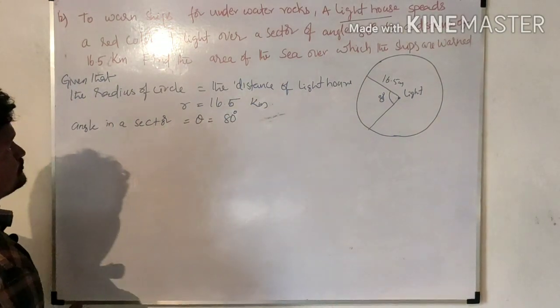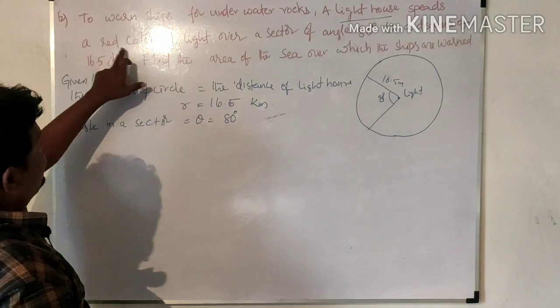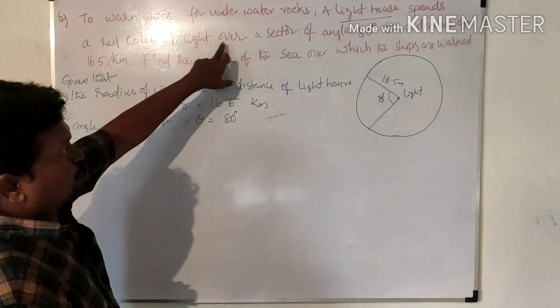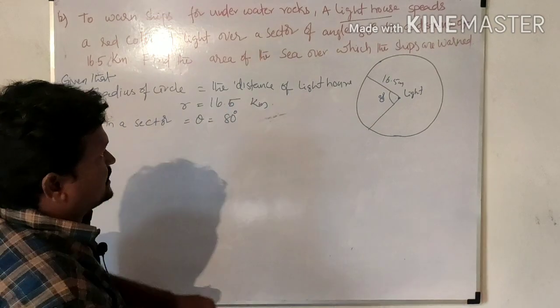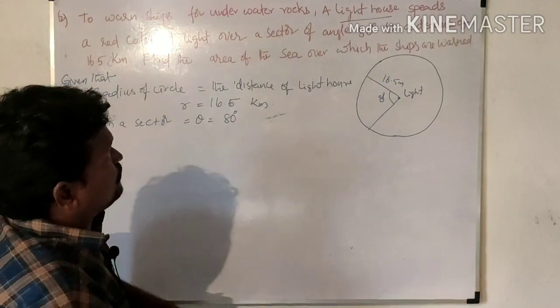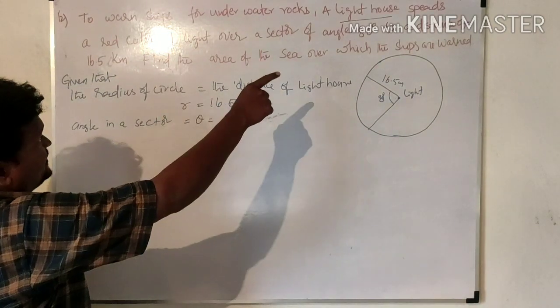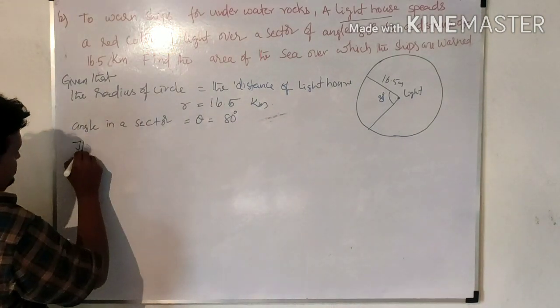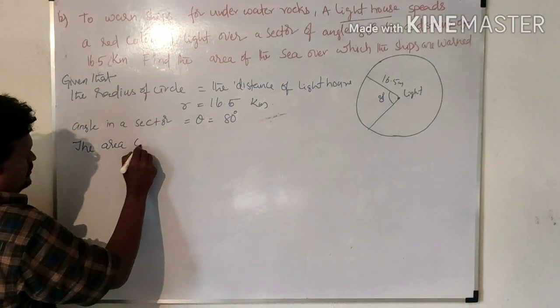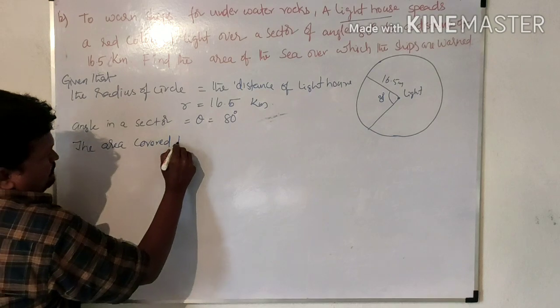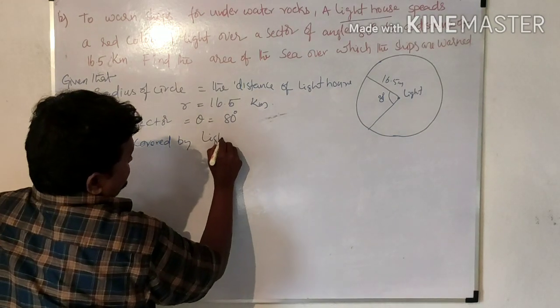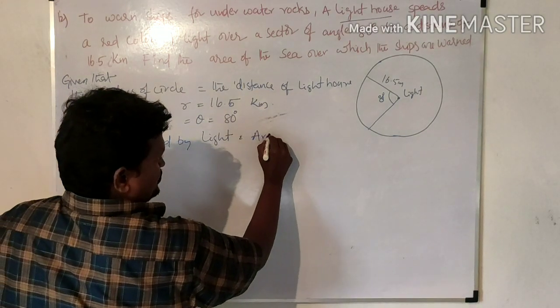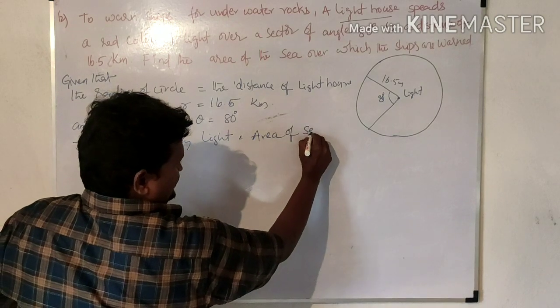A lighthouse spreads a red-colored light over a sector. So the area covered by light is equal to the area of the sector.